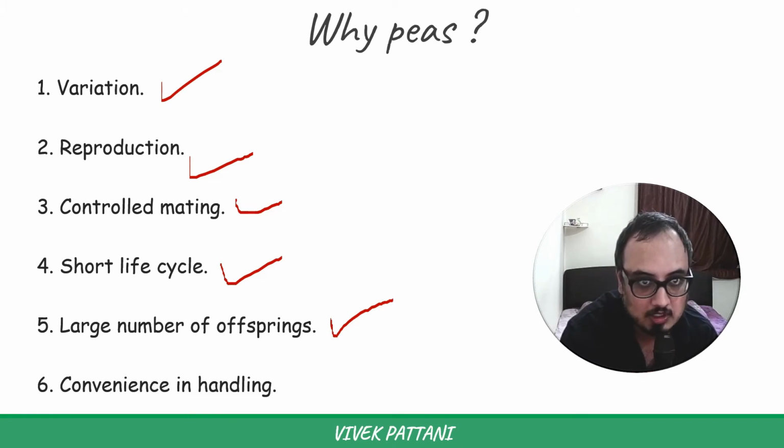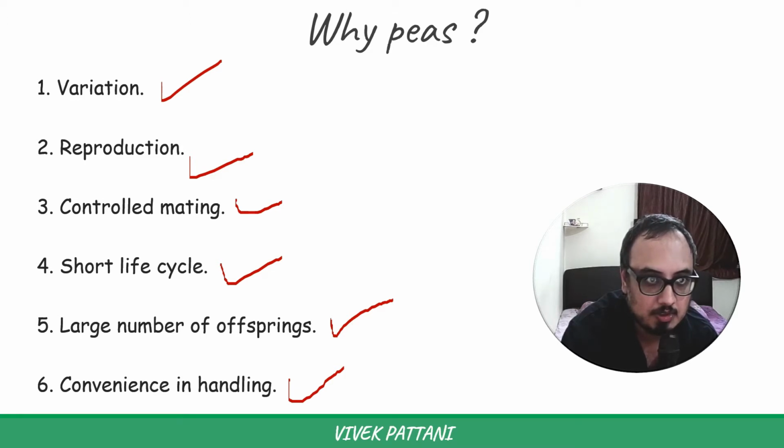Okay, how does it help in the case of the pea plant? Because it helps us observe a variety of seeds and a variety of other characters also, and convenience in handling. Whatever material we are going to use should be easy to handle.